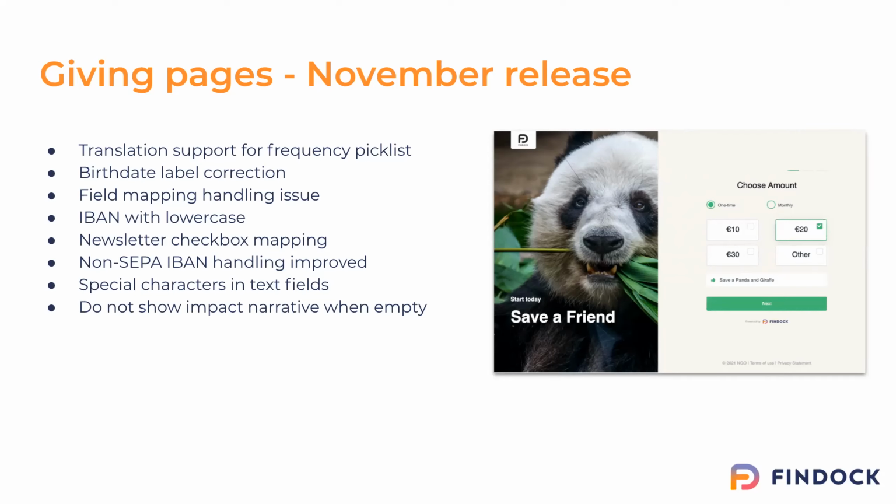We improve the handling of non-SEPA IBANs. We do not show, for example, the impact narrative, which is in this screenshot, the save a panda and giraffe part, when you leave it empty in the configuration. We remove it from the website that is shown to your donors. We made all these tweaks and upgrades, and you can find the details of them in our release notes.